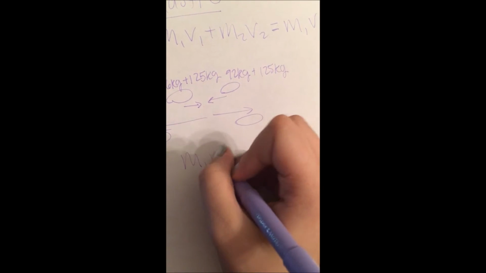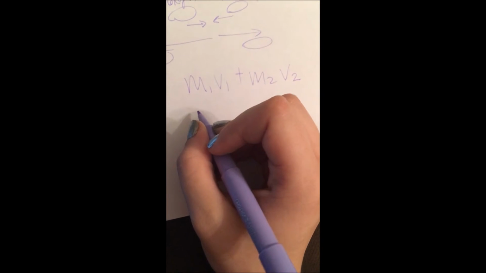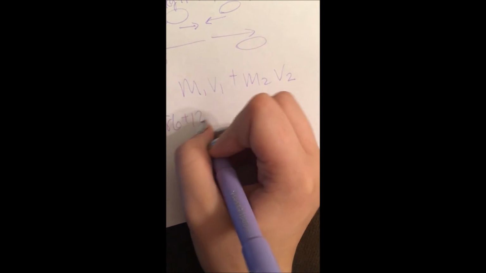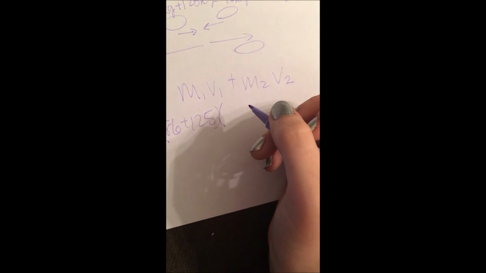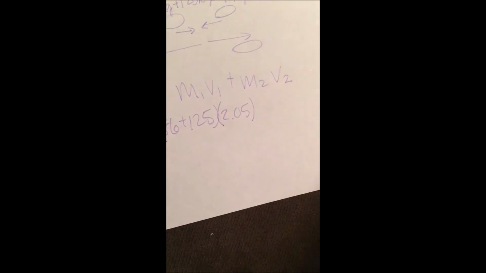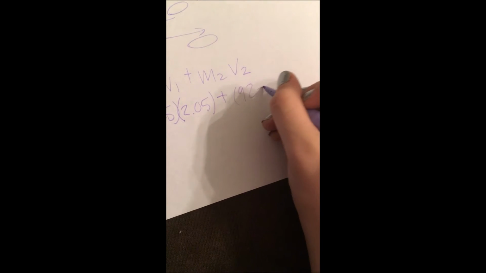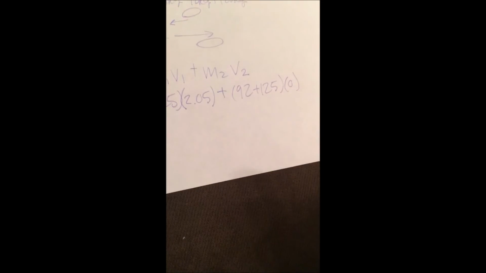So m1 times v1 plus m2 times v2. So first, before the collision, we have 86 plus 125 as mass 1 at a speed of 2.5 meters per second. Then this next person, who is 92 kilograms, is at rest. He's not at any speed, so his speed is 0.